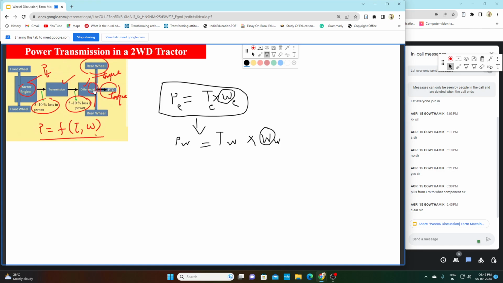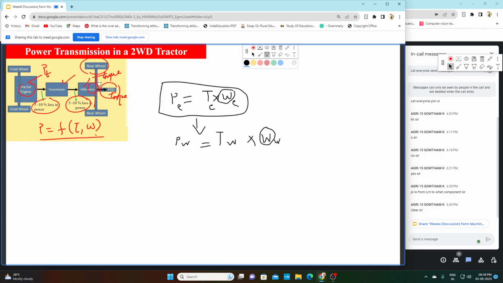Why do we give the differential component? Because sometimes in muddy condition we require different wheel speed in different wheels. That is why we give this differential component.